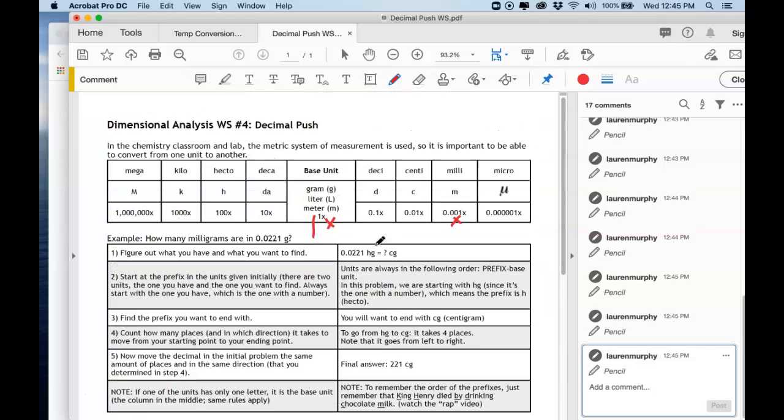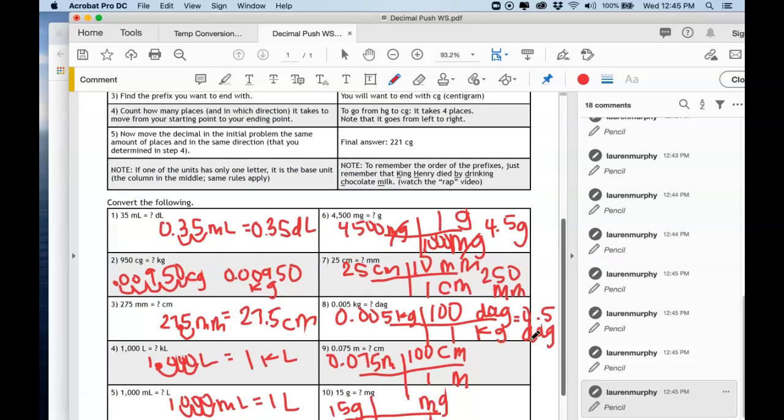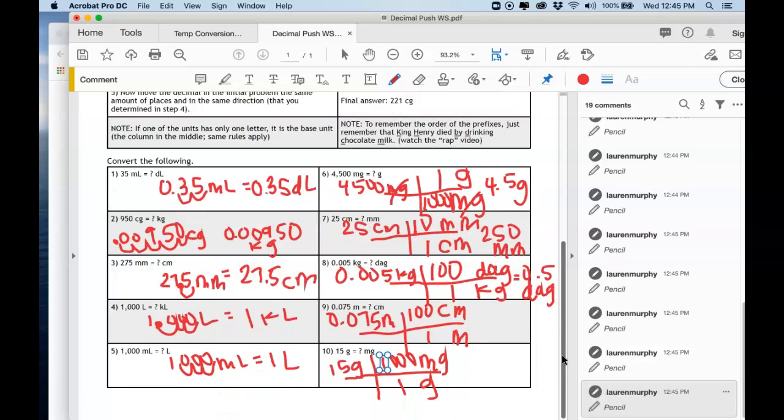And then this is 1, 2, 3 to get to milli. So 1,000 milligrams. And so you end up with 15,000 milligrams. Oops, I just realized I didn't solve for the last one. This is 0.075 times 100, so this is 7.5 centimeters.